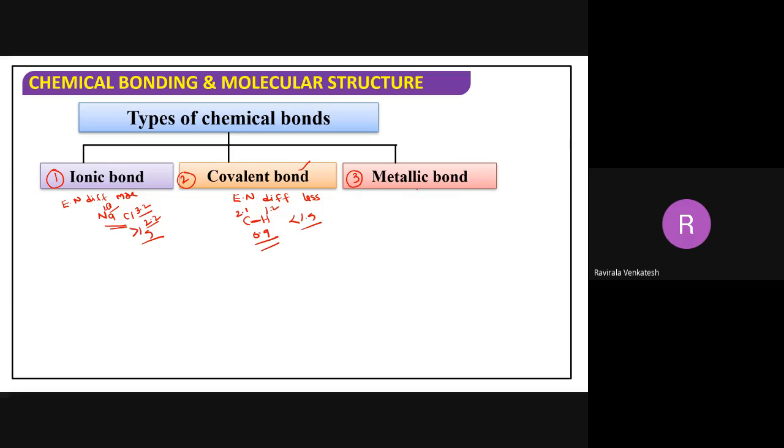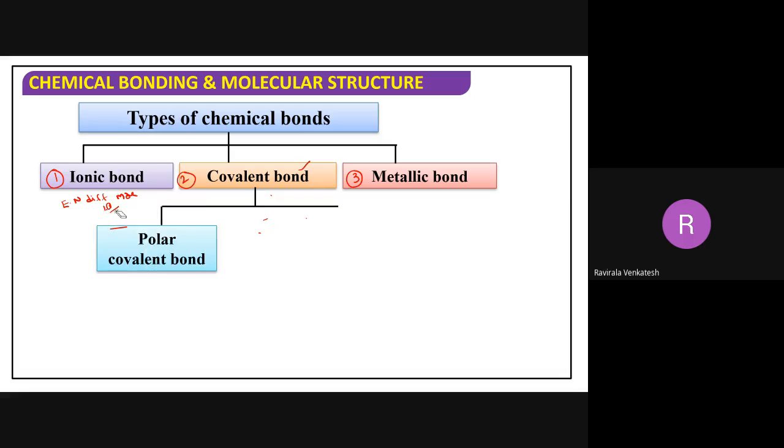Metallic bond is purely between metals only. These are the types of chemical bonds. Next, covalent bonds are further classified into polar and non-polar covalent bonds.